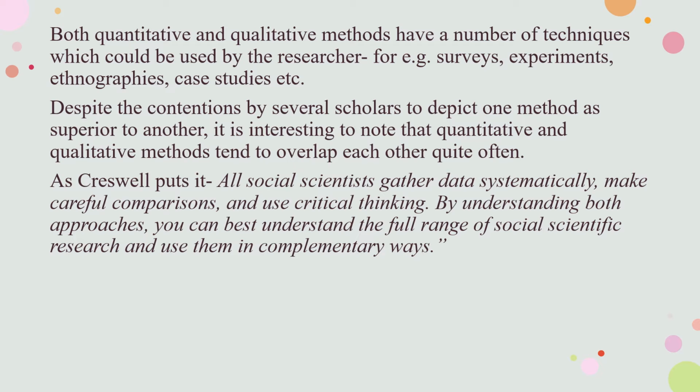As Creswell puts it, all social scientists gather data systematically, make careful comparisons, and use critical thinking. By understanding both approaches, you can best understand the full range of social scientific research and use them in complementary ways.